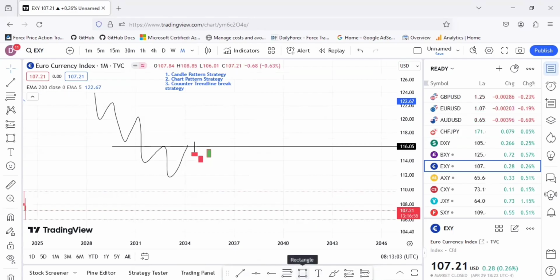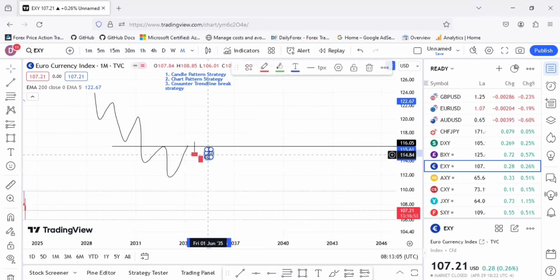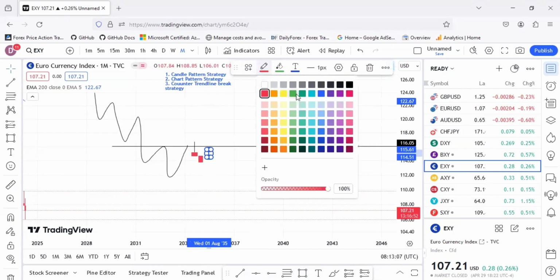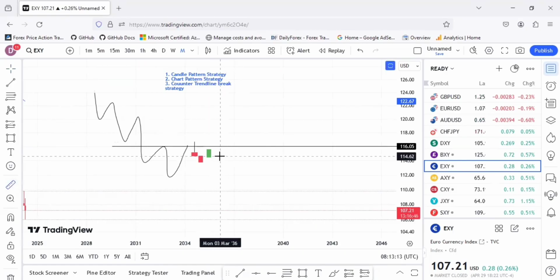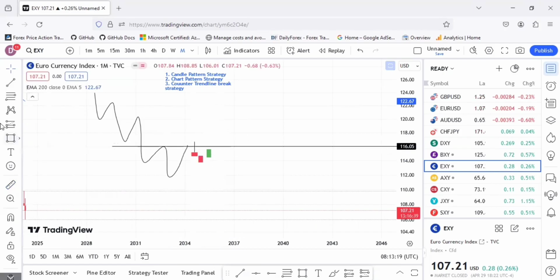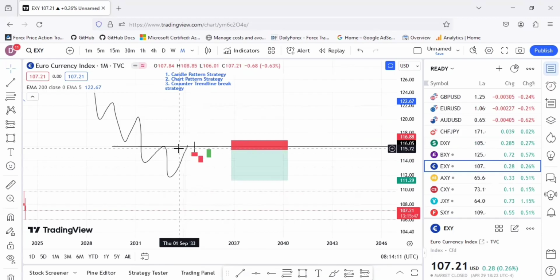But one gives you less risk. For example, with the first one, if you enter from here, your stop loss will be here. From here to here, you have a lesser number of pips to risk than when you jump in from here.